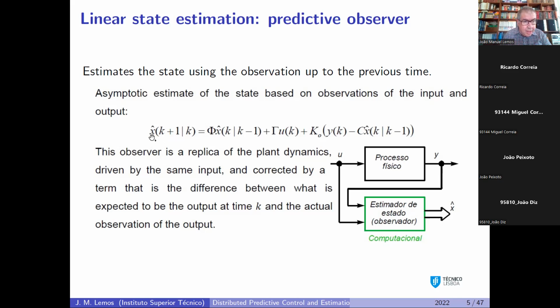So the estimate at time k plus 1 depends on the previous value observed for the output.